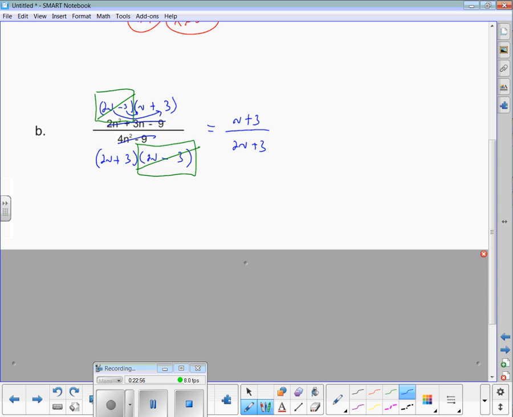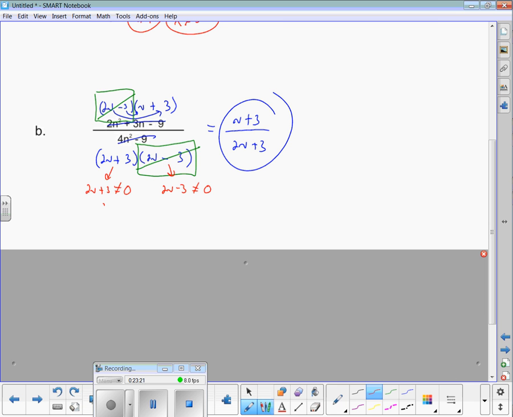Now remember again, they asked us to do two things. They asked us to simplify the rational expression, and they also asked us to find any excluded values. So again, let me just refresh your memory. You're setting each of these and saying they cannot equal 0. And then you're going to solve the little equation. All right, go back to the one on the left.